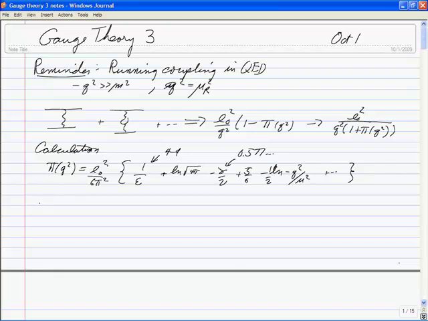If you then define the charge at this renormalization point, e squared at mu r squared is e0 squared, this 1 minus pi at q squared equals mu r squared.